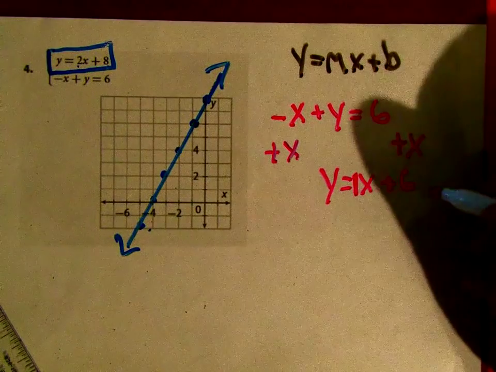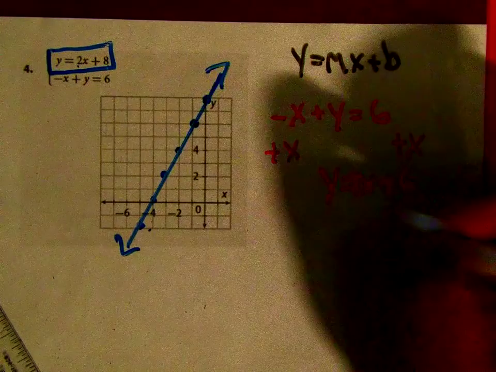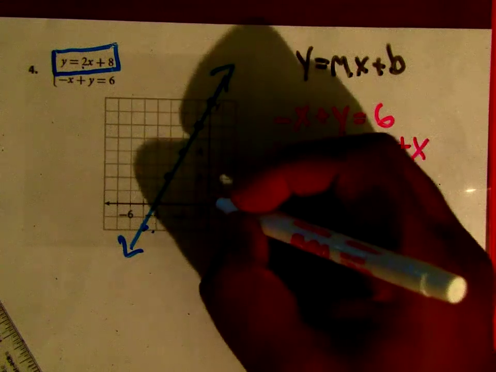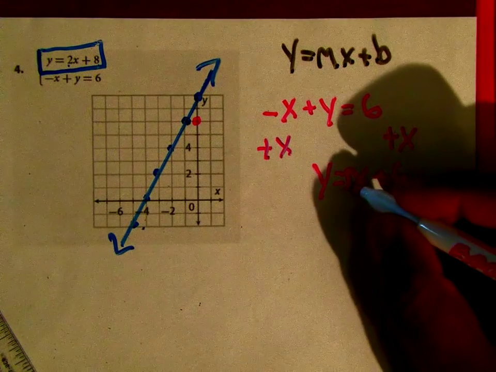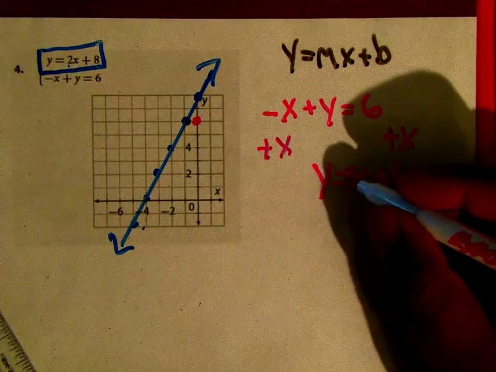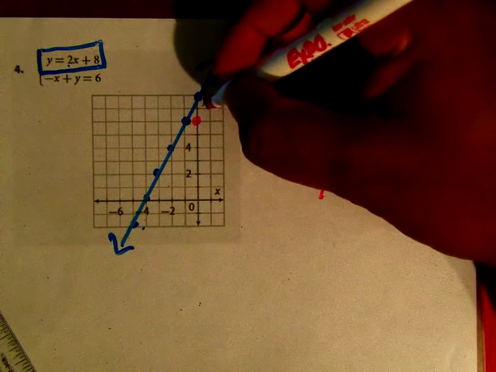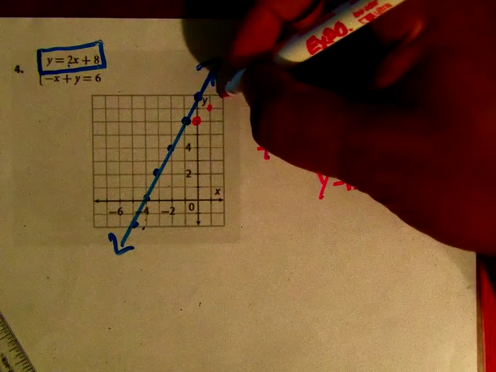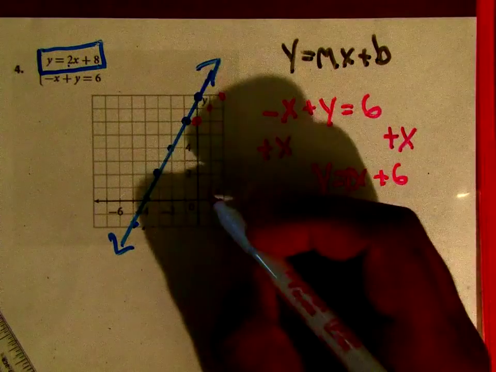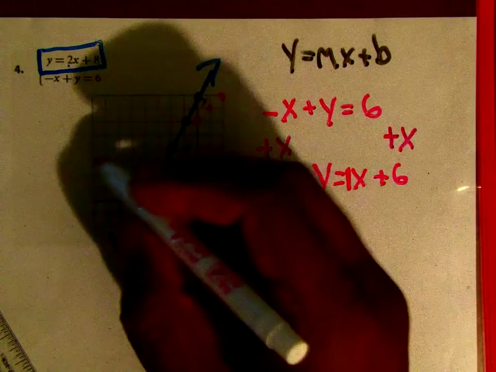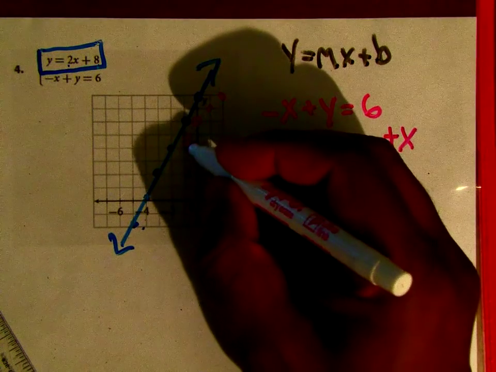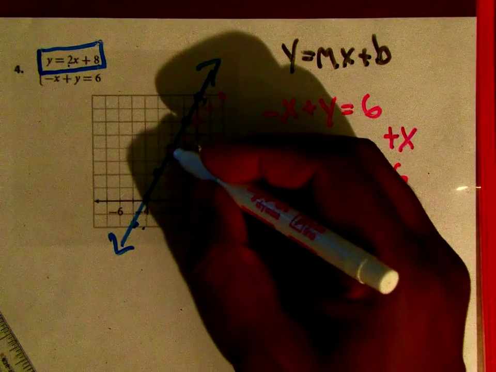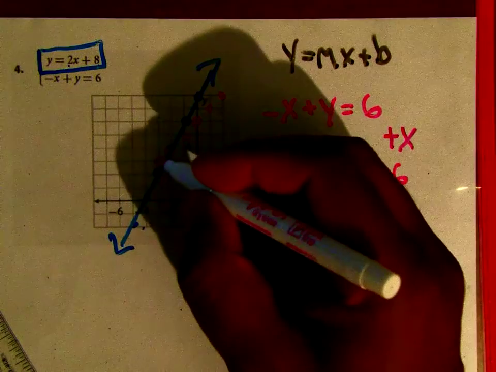So the next thing I'm going to do is begin at 6 here, which is 1, 2, 3, 4, 5, 6. And do rise over run, 1 over 1. So I go up 1 and over 1. If I want some more points toward the left, I need to go down 1 and back 1.